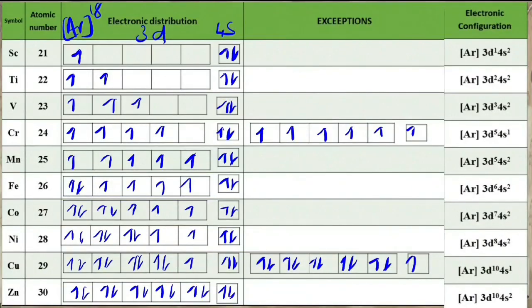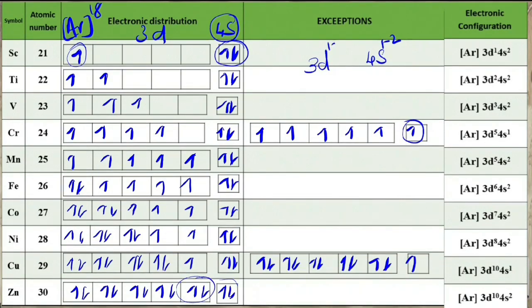If you carefully observe the electronic configuration of the 3d series, the outer 4s orbital can take 1 or 2 electrons. The inner 3d orbital can take electrons from 1 to 10.